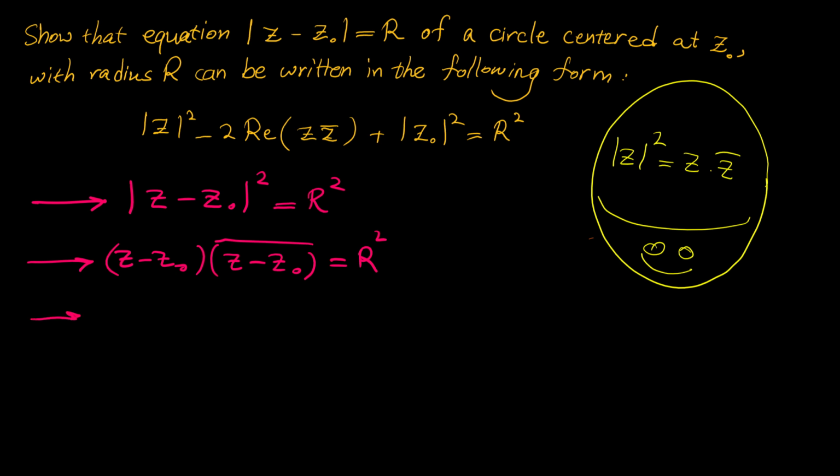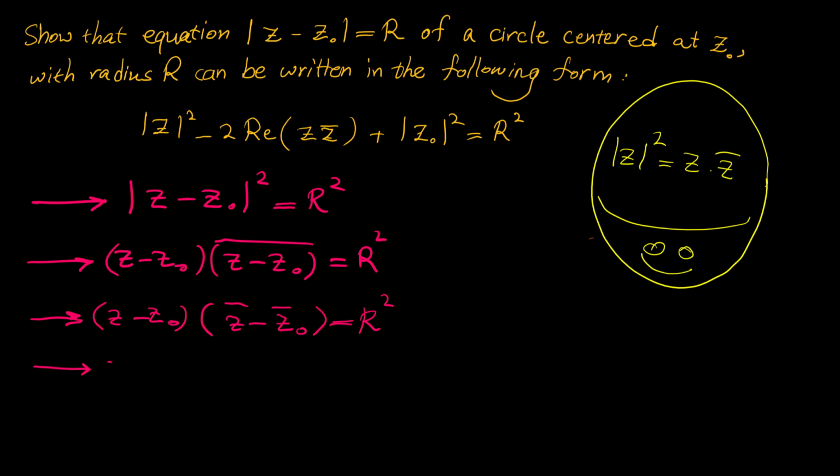Now let's open this. We have z minus z0, and for this part we use one of the properties of the conjugate of a complex number. Conjugate of z minus z0 can be written as conjugate of z minus conjugate of z0. This is one of the properties of the conjugate of a complex number. Now let's multiply the brackets by each other.